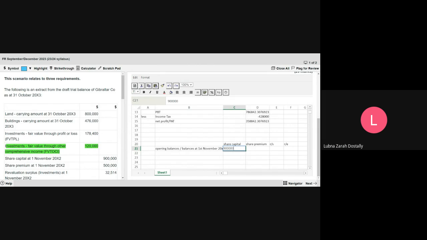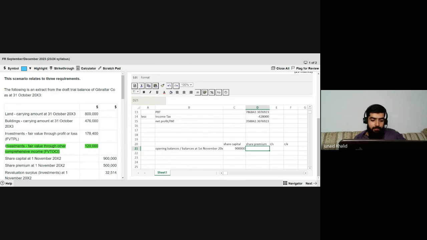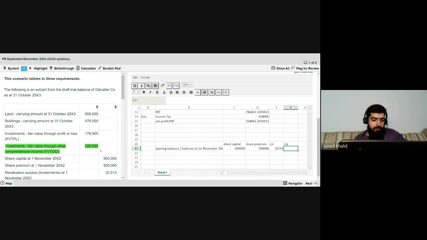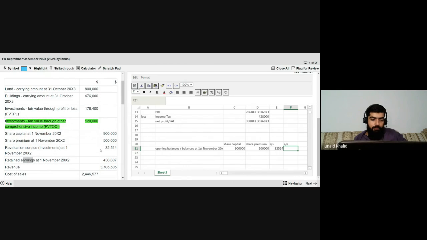The share premium was 500,000, and the revaluation surplus was 32,154, and the balance on the retained earnings account was 436,607.